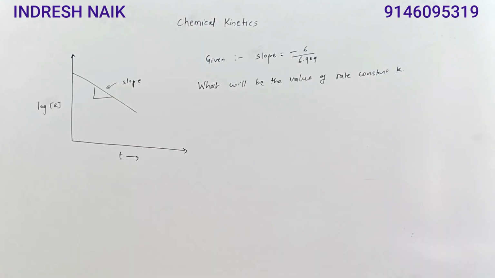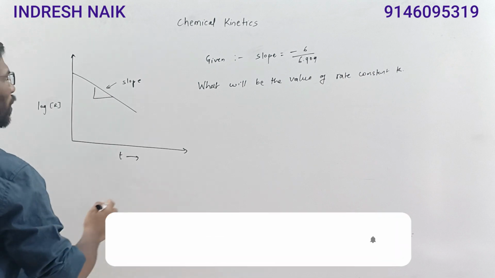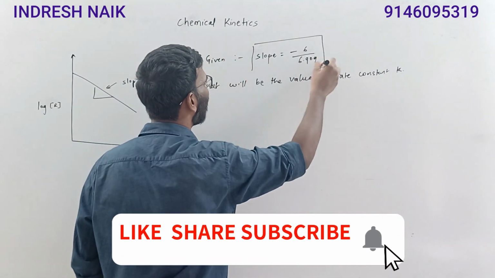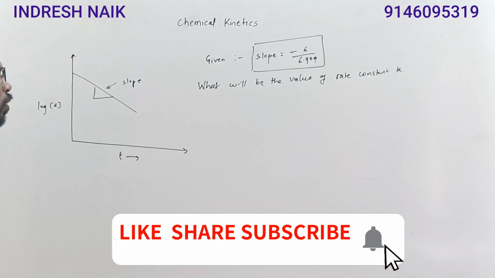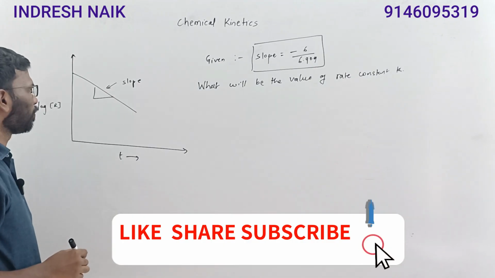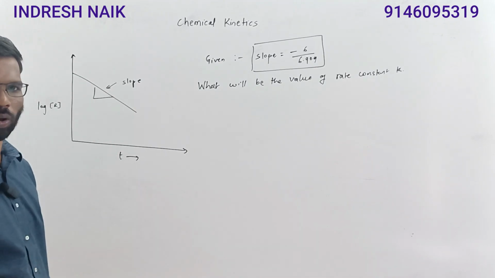Okay, in this question, the graph is given and they have mentioned the slope. Slope is equal to minus 6 by 6.909. Okay, what will be the value of rate constant? That is what is asked.